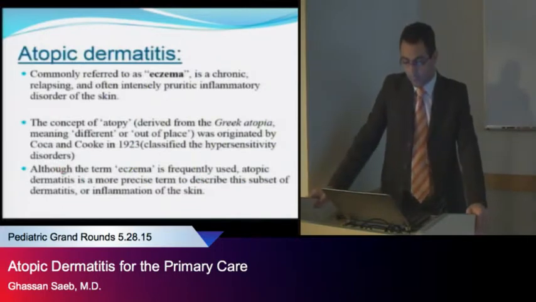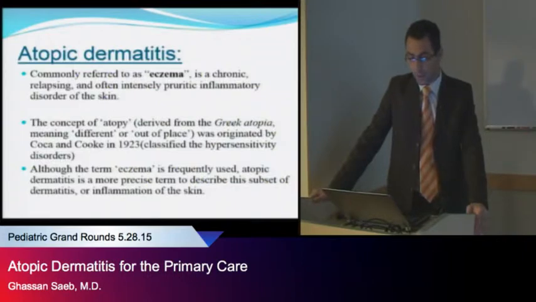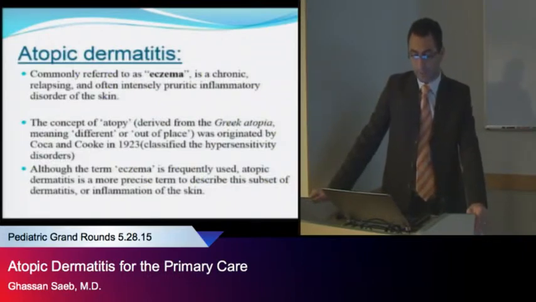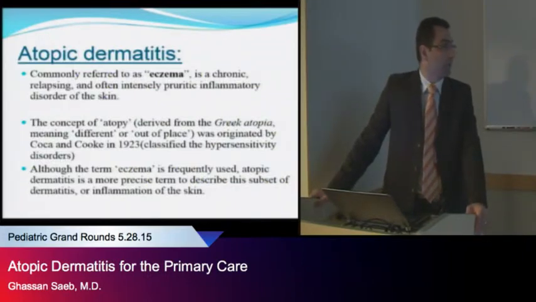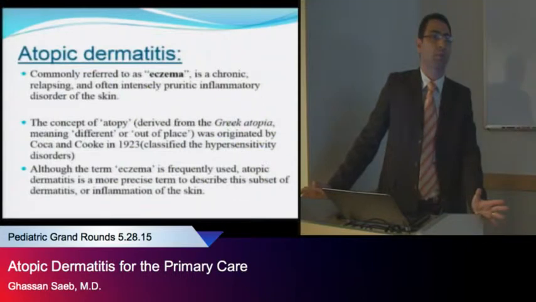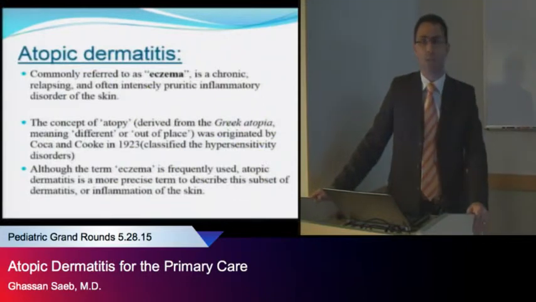Although the term eczema is frequently used, atopic dermatitis is a more precise term to describe this subset of dermatitis or skin inflammation. And as you know, we use eczema to describe any itching problem that we are not really sure of the cause.